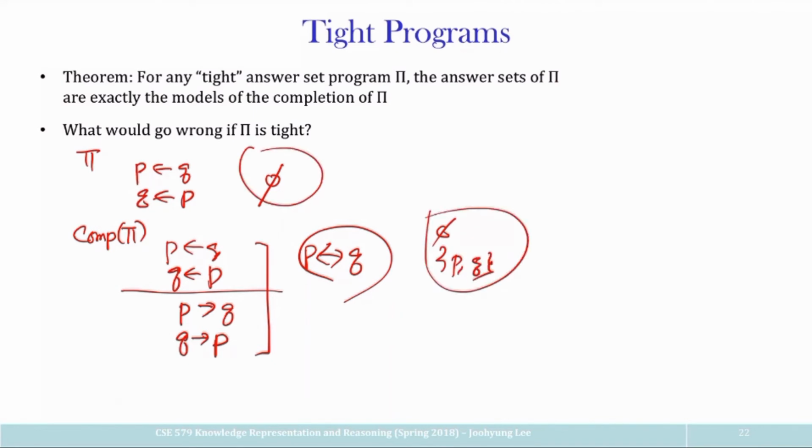Okay, what is special about this program? Completion is the same as that's true, yes. Completion actually didn't give more than what we know from the formula, right? So before, what happened was when we add completion, we actually give more constraints. So the models are not necessarily the stable models, right?